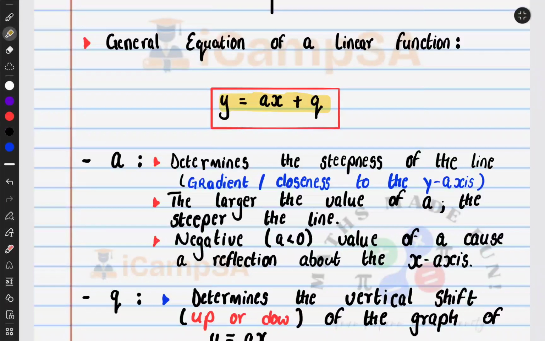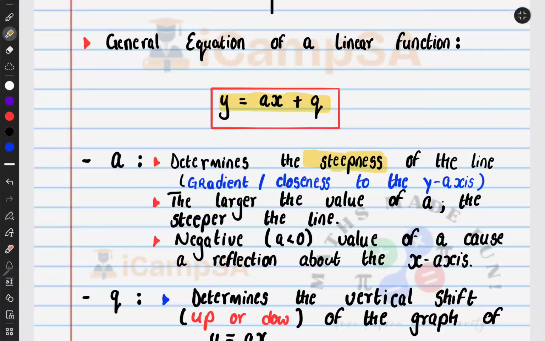So what does the introduction of the variable a do to the mother function? a determines the steepness of the line. In other words, it determines the gradient, or the closeness to the y-axis.